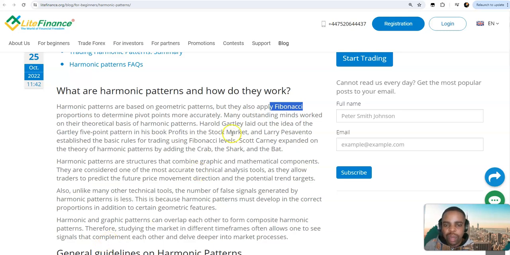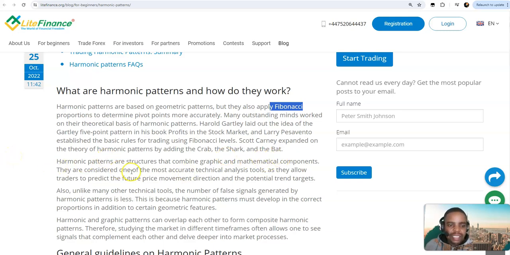The Gartley pattern is one of the harmonic patterns discovered by Harold Gartley, who laid out the idea of the Gartley 5-point pattern in his book Profits in the Stock Market, and Larry Pesavento established the basic rules for trading using Fibonacci levels, because it needs calculation so that you know that it's accurate. Scott Carney expanded on the theory of harmonic patterns by adding the Crab, the Shark, and the Bat pattern.